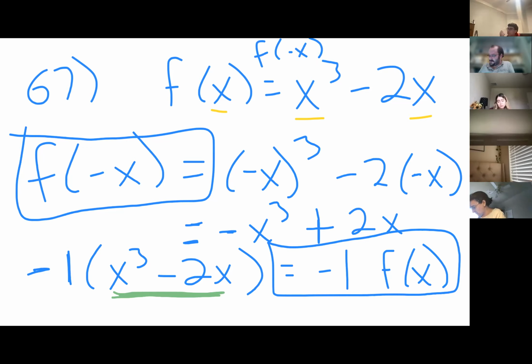So this was the sort of thing I had written earlier. If we plug in something to an even function, it should end up with the same as our original function. If we end up with the opposite of our original function, that is odd. That's the odd definition.